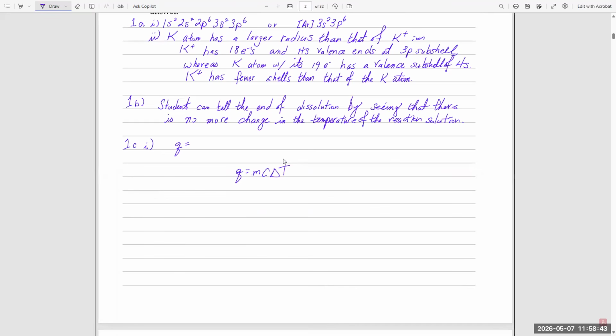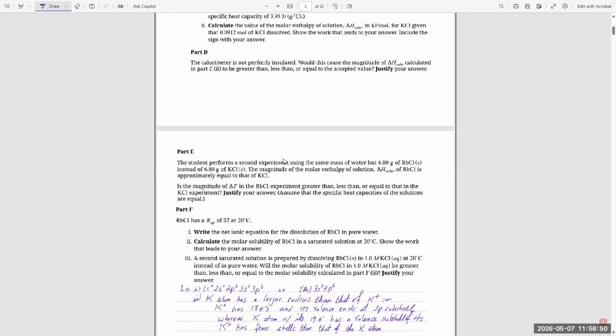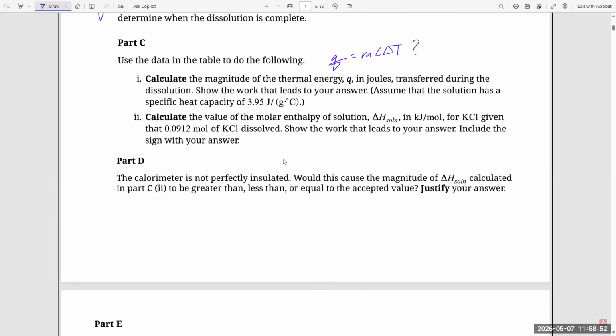Now we have to be careful, see where the values are. When you go back to this question, what do we know? It says magnitude of thermal energy transferred during the dissolution. Assume the solution has a specific heat capacity, right?